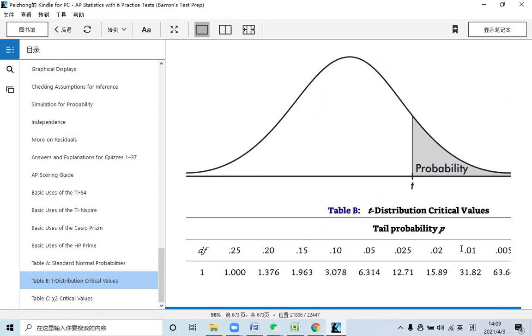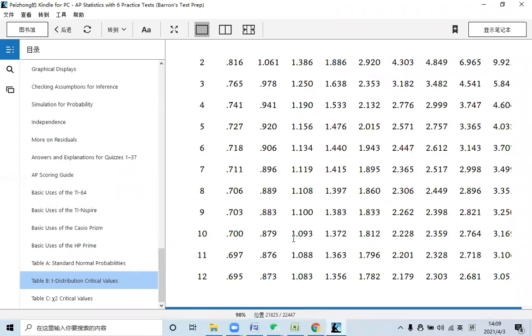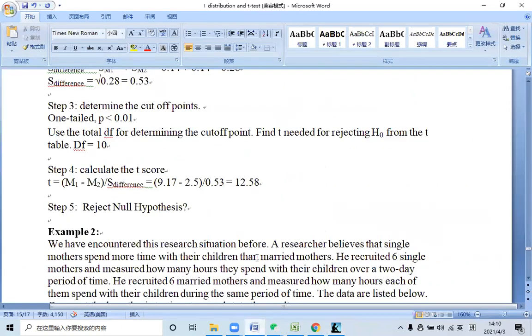Looking at 0.01 and 10 DF, the cutoff is 2.764. So we need a t-value more extreme than this one.